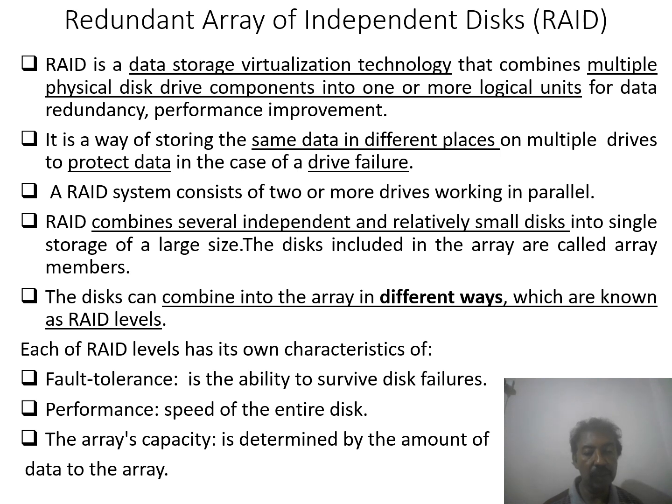Therefore, a RAID system consists of two or more drives working in parallel. The RAID combines several independent, relatively small disks into a single storage of a large size. The disks included in the array are called array members. The disks can be combined into the array in different ways, which are known as RAID levels.